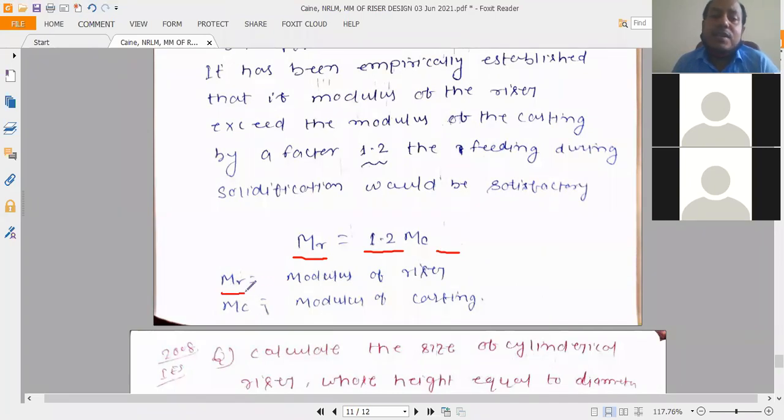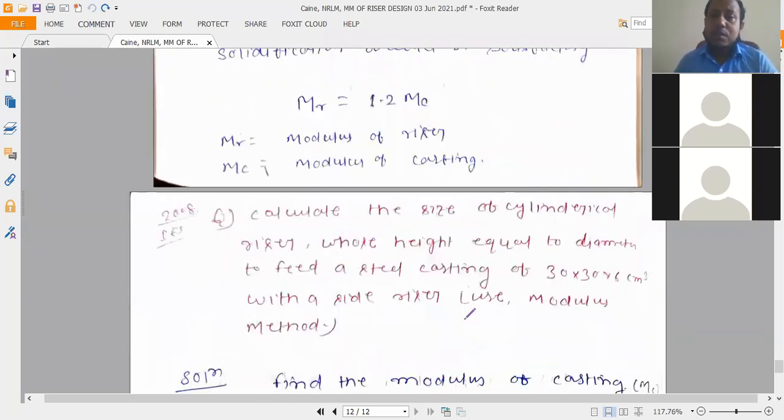So MR represents the modulus of riser and MC represents the modulus of casting. How can we determine the modulus of casting and modulus of riser? We will see here, and we will solve one numerical with the modulus method.